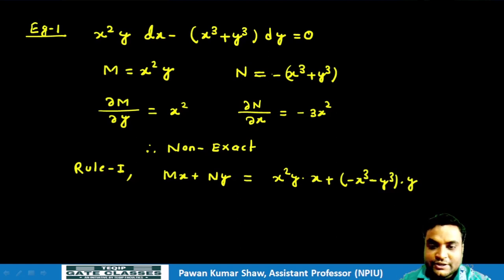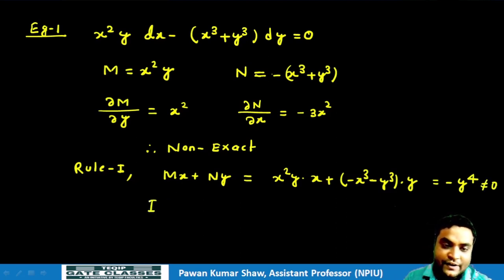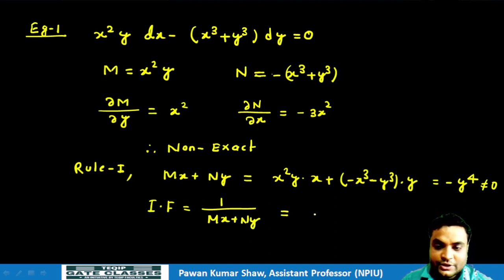So that is our x cube y and here our minus x cube y, that will be cancelled and here we are getting minus y cube into y, that will be our y to the power of 4, which is not equal to 0. So that means integrating factor will be 1 by mx plus ny. So the integrating factor will be minus of 1 by y to the power of 4.